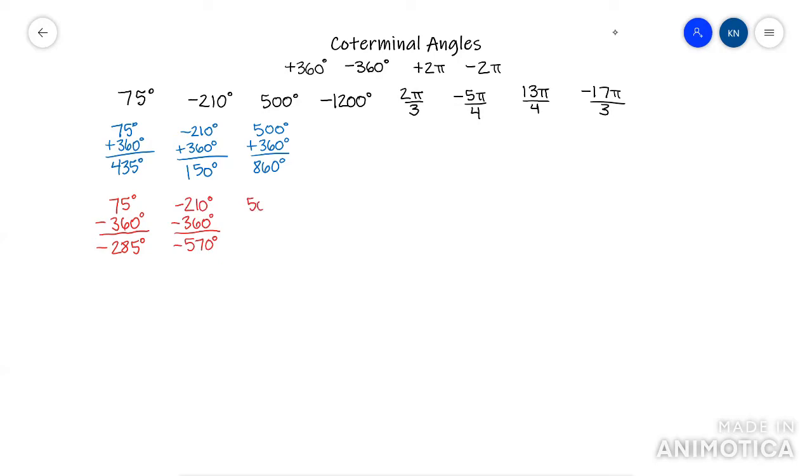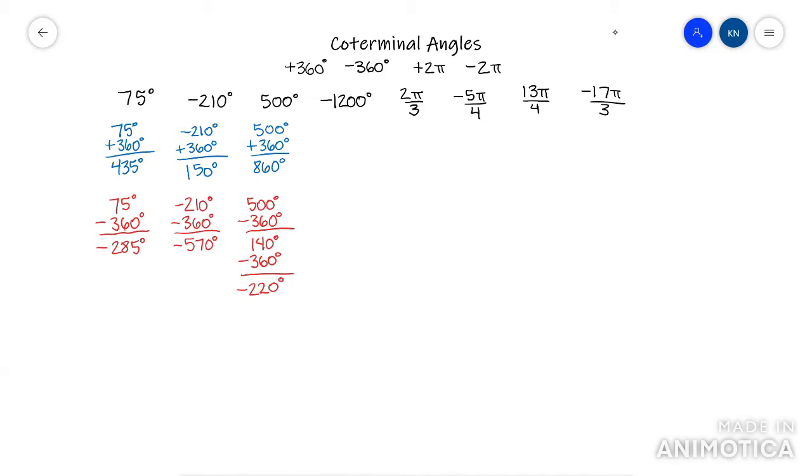You would do 500 degrees minus 360 degrees, so that would be 140 degrees. But if they say you need a negative coterminal angle, this angle right here is not negative. So basically all you do is subtract another 360 degrees, and you keep doing that until you get a negative angle. So negative 220 degrees would be my answer.